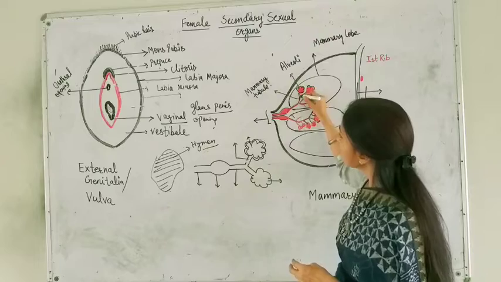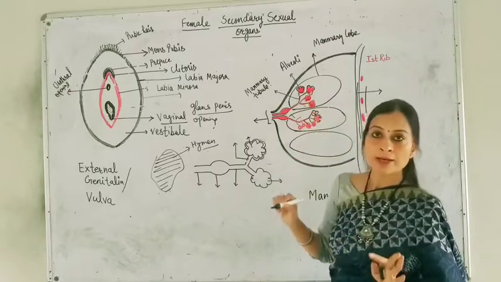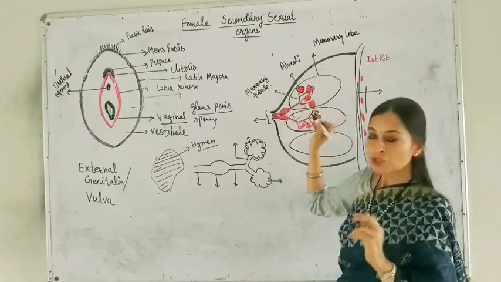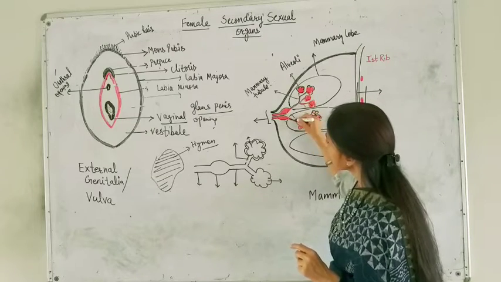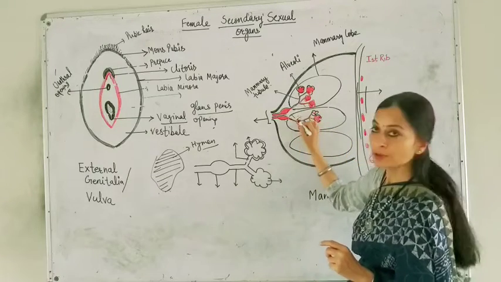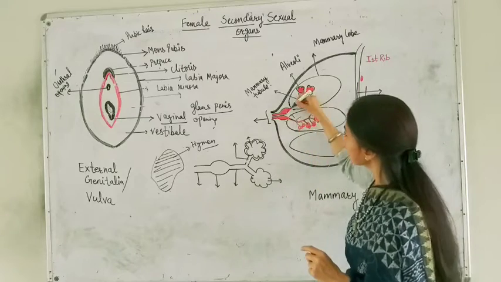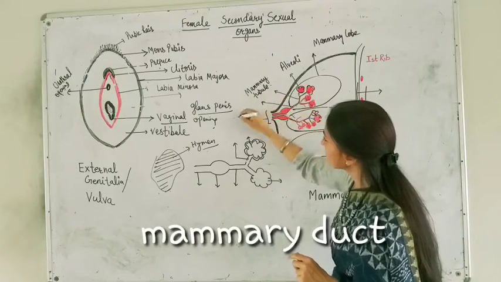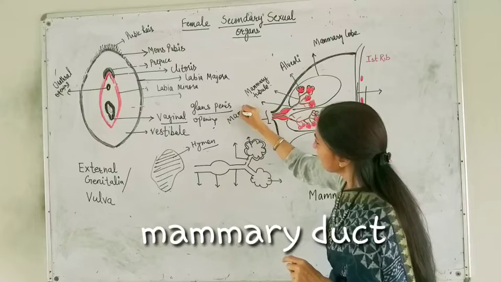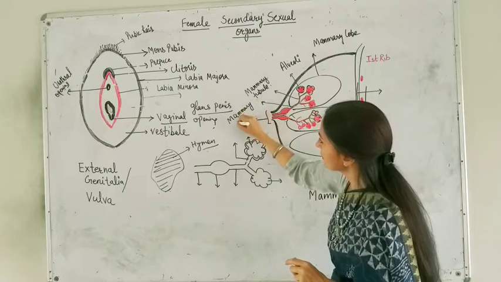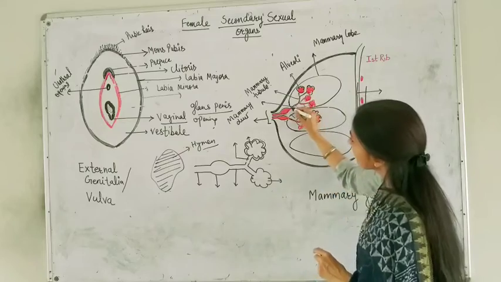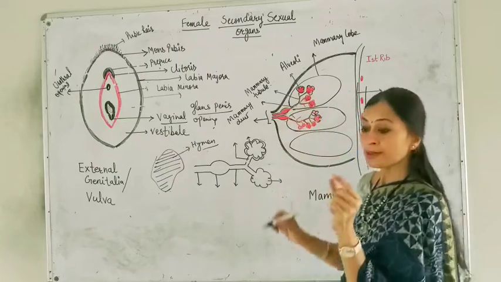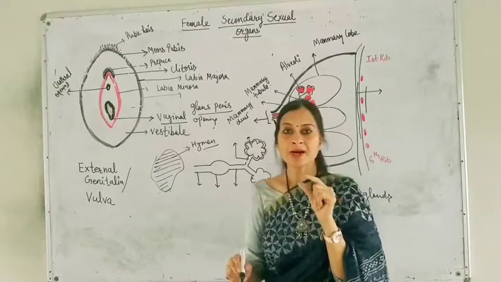Now the mammary tubules from each alveoli, or cluster of cells, again form a common tube here like this. This is the common tube. This common tube is known as the mammary duct. And then the mammary duct forms a swollen area.